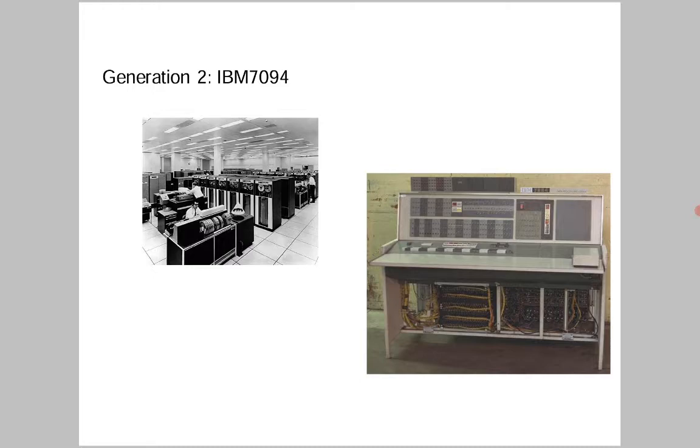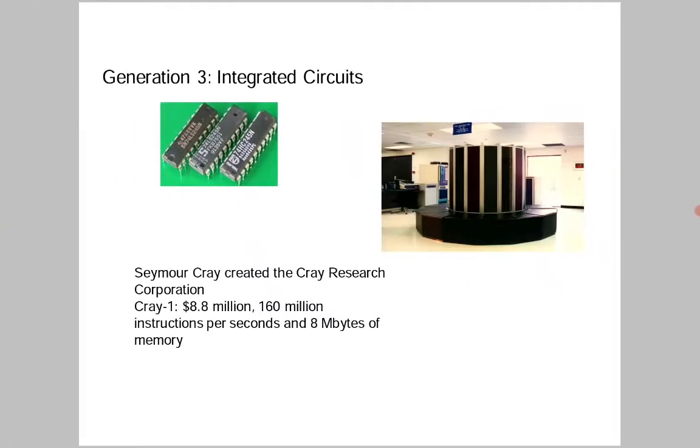In generation 2, IBM 7094 computers are introduced. These are pictures of that time. In generation 3, integrated circuits are used, and they were introduced by some MNC company.